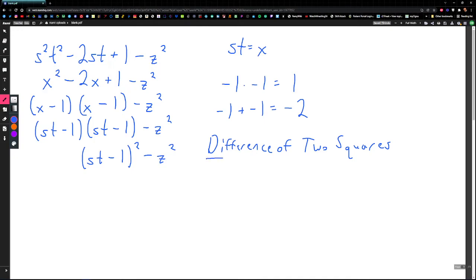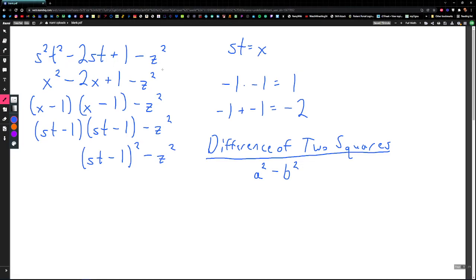So difference of two squares contains two square terms. For example, you have a squared minus b squared, where a and b could be any term or number. The way you would factor it would leave you with two binomials, namely the square roots of a squared and b squared, which is simply a and b.